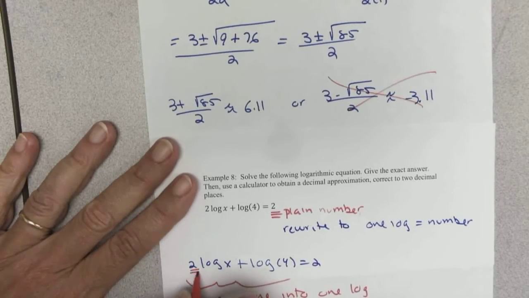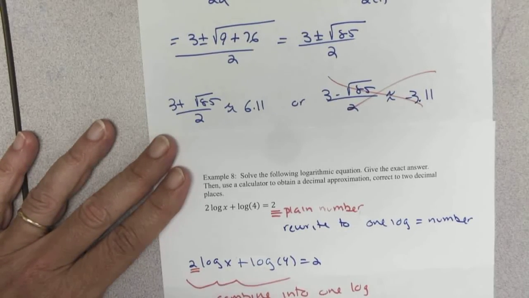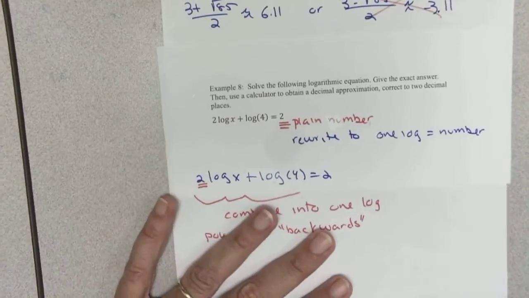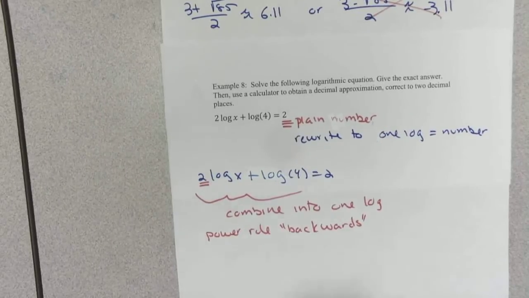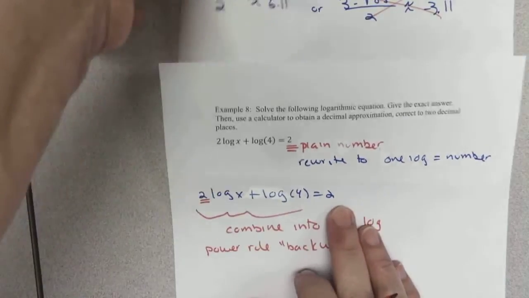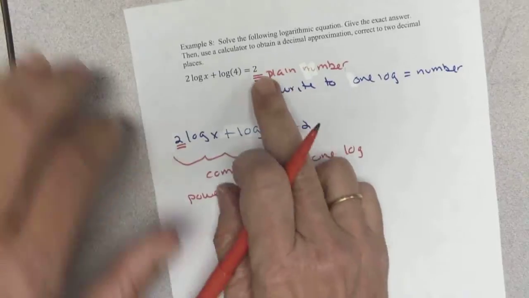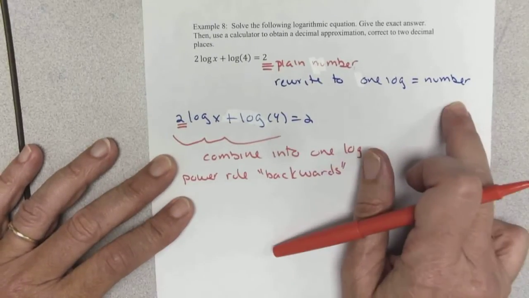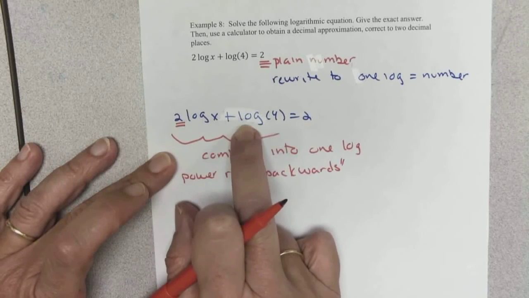I'm going to start right here with the power rule backwards. It'd be nice if you could see what I'm doing. So let me raise it up and we'll try again. So plain number, look at that. Plain number, that really leads me to rewrite to 1 log equals a number. So I'm going to have to combine these guys.